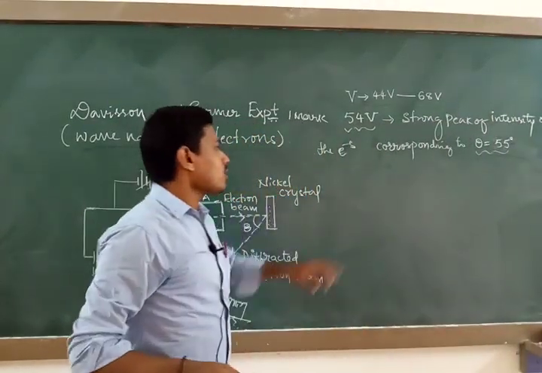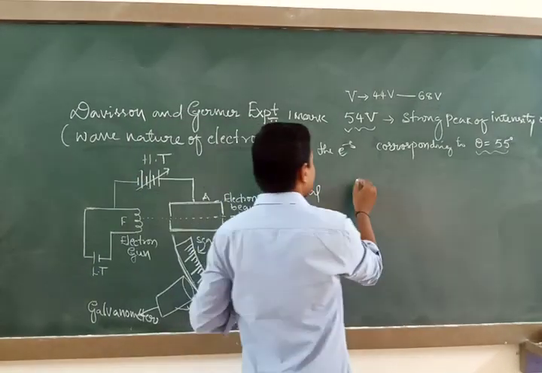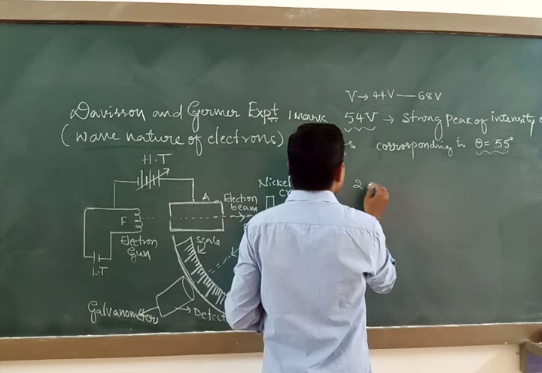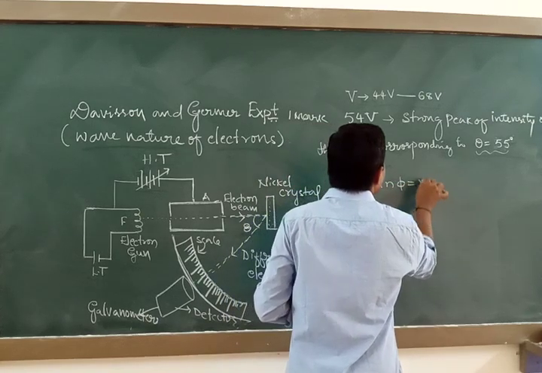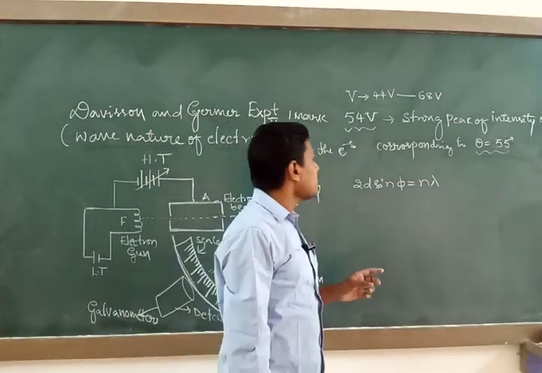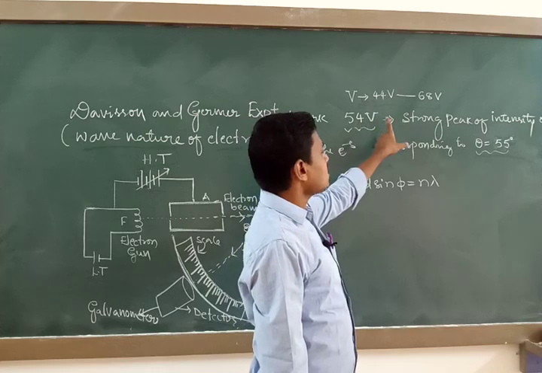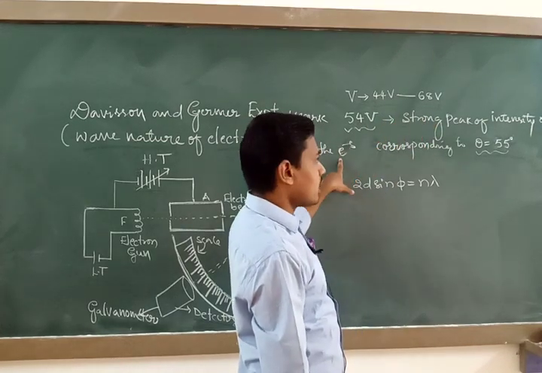Then according to Bragg's law of diffraction, we have one condition here, that is 2d sin phi is equal to n lambda. And remember why they have used this equation: at 54 voltage there will be a maximum strong peak of intensity of the scattered electron.